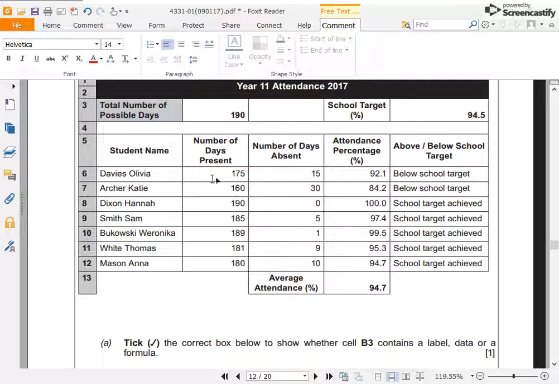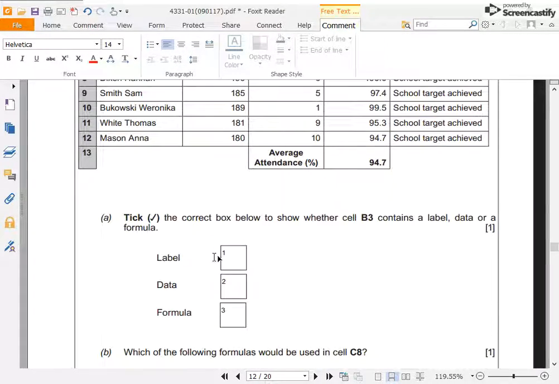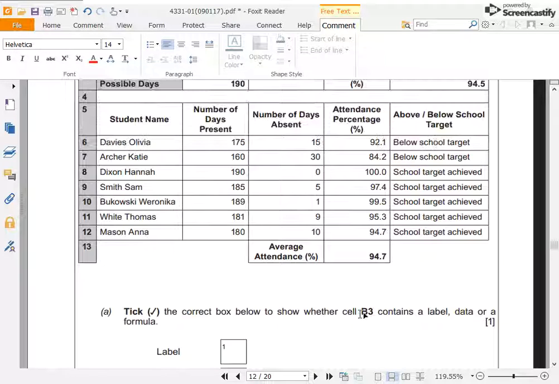There's some pupils' names, number of days present, number of days absent, percentage, and whether they're above or below target. So to me, they're going to be working out some sort of percentage, and they're probably going to be asking questions about an if. So tick the correct box below to show whether B3 is a label, data, or a formula. Okay, so let's have a little look.